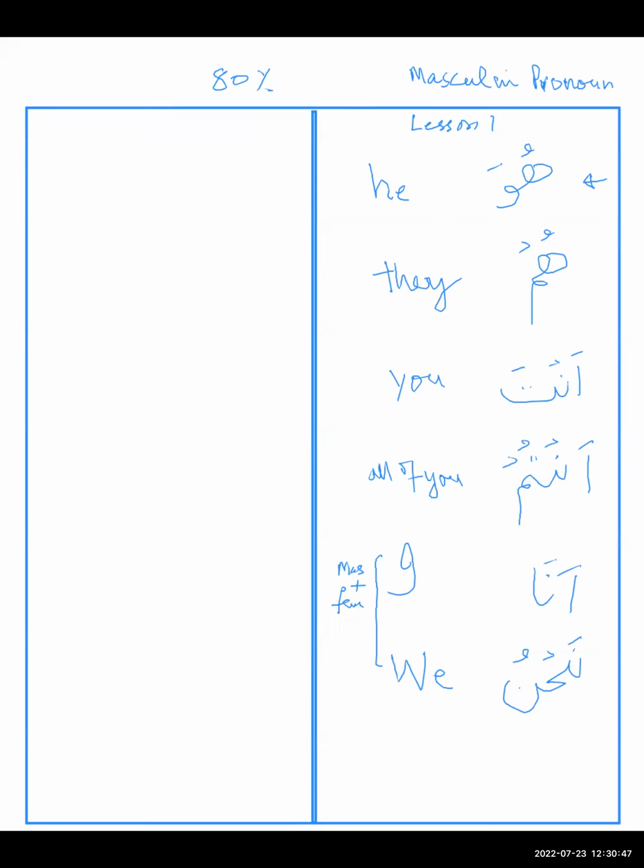And then the second one was all of you and you all. Iman, what is the second word? Ha and mim. Ha mim pesh. Whom. Okay. What is the third word? Alif noon zabar.